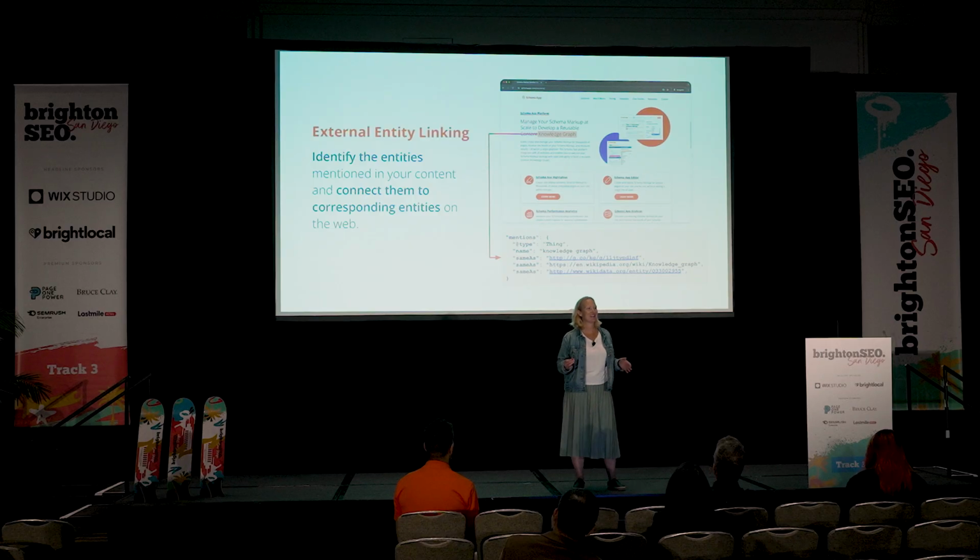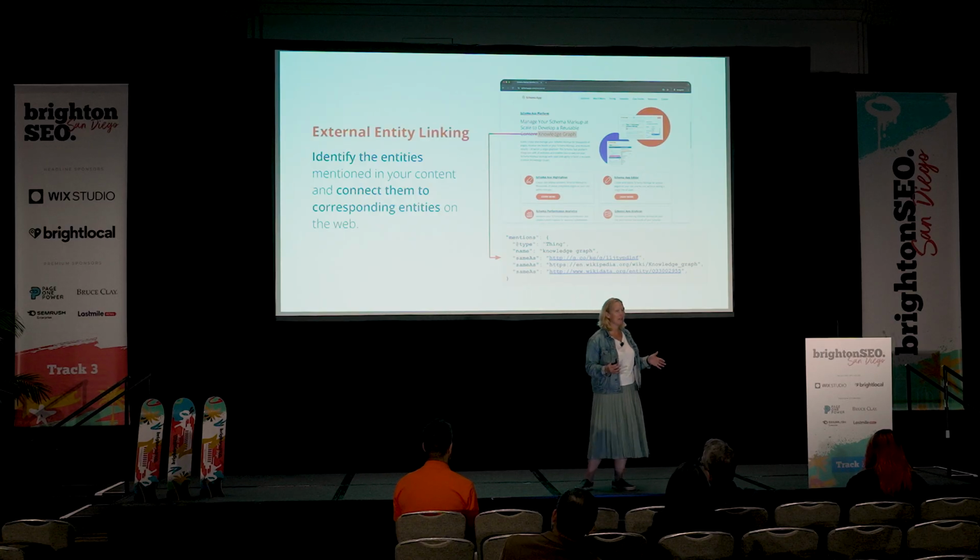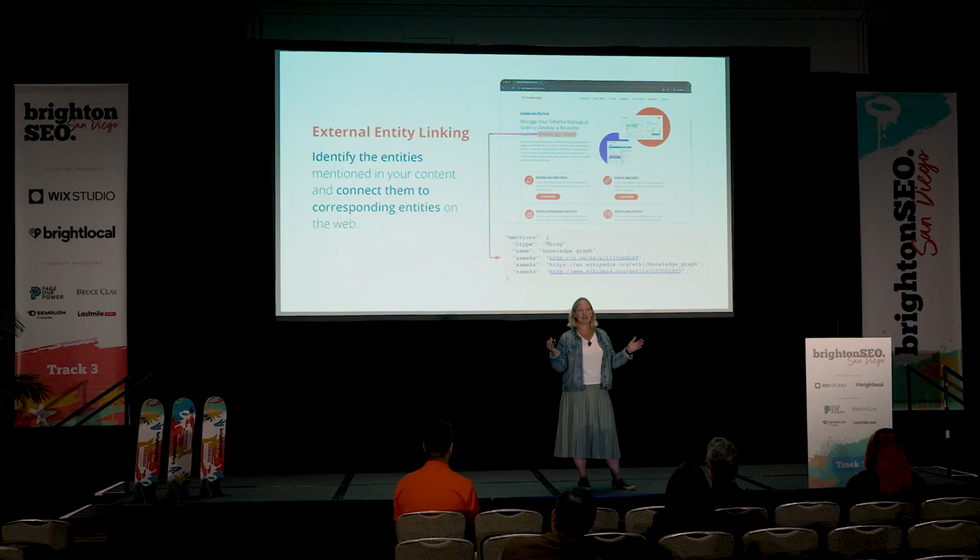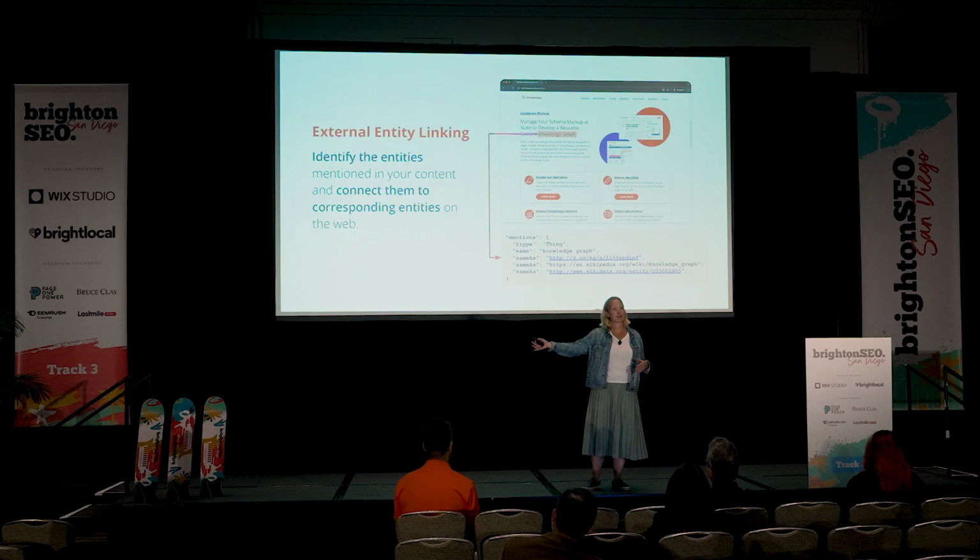Now, when we talk about entity linking, there are two different types: external entity linking and internal entity linking. External entity linking, many of you might know as using sameAs, right? Where you're defining and using an external vocabulary in order to define or disambiguate something. But you can use more than sameAs. You can use any property.